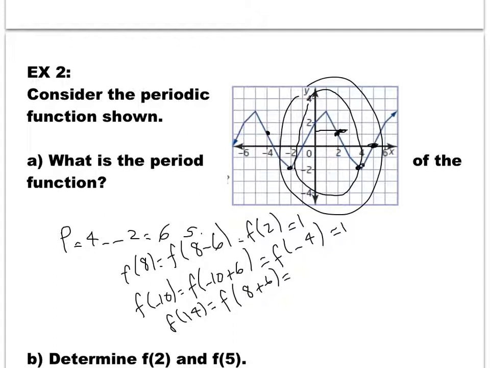Now, f of 8 can be written as f of 2 plus 6, which is the same as f of 2, because remember, the periods are repeating, the cycles are repeating. So this f of 2 plus 6 is the same as f of 2. And f of 2, as you can see from the graph, is going to be equal to 1. So all of them give you the same one.